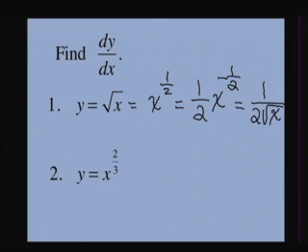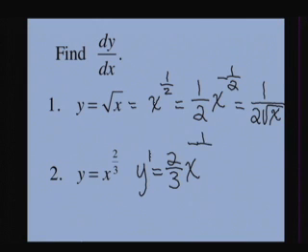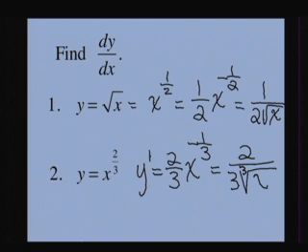What about the next one, y equals x to the 2/3? When we want to take the derivative of that, y prime, we get 2/3 x raised to the negative 1/3. And we could simplify that a little bit and say that it's equal to 2 over 3 times the cube root of x.